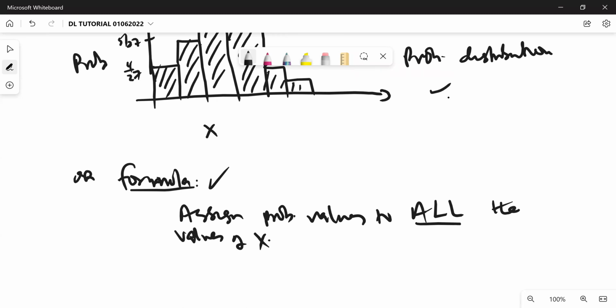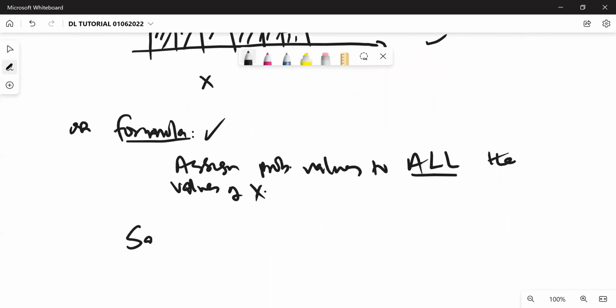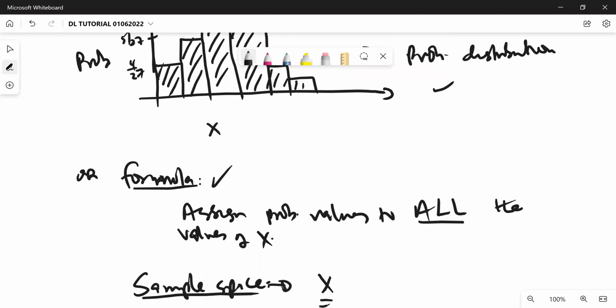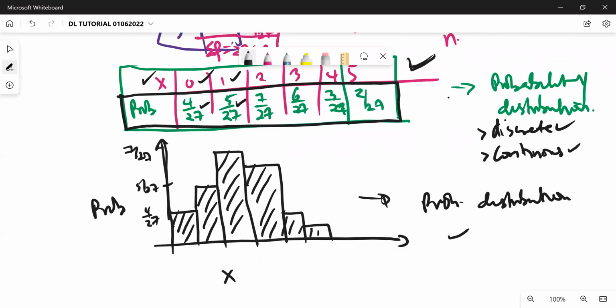And when you talk about all the possible values of X, we are referring to the sample space, as far as the occurrence of X is concerned. That's why, when you sum up the probabilities, because these probabilities will be spanning the sample space, these probabilities must always sum to 1.